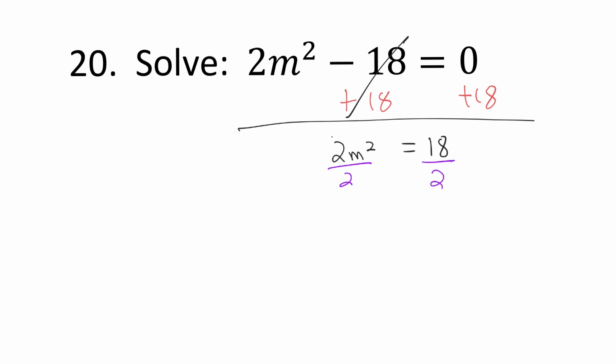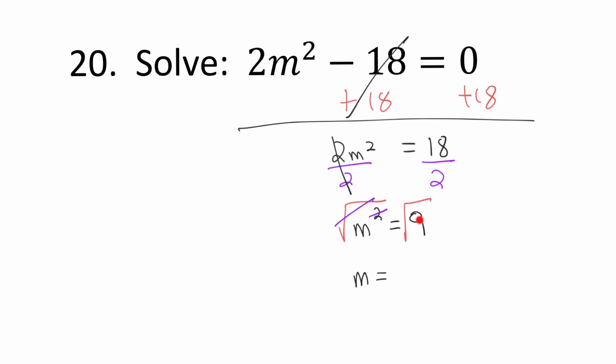So 2 divided by 2 is 1. So you guys have m squared equals 18 divided by 2 is 9. Here we want to cancel the square. So to cancel the square, we take the square root of that side and the other side. So the squared and the square root cancel. So we have m equals.